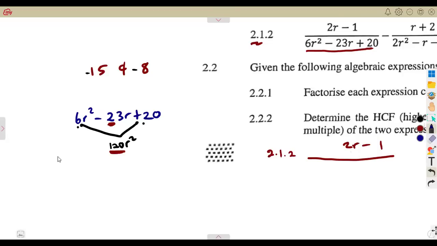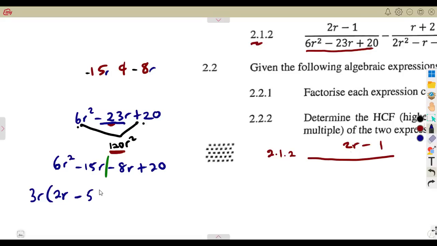Let's factorize. Remember, I said you are going to take these into the middle term as they are: 6r squared minus 15r minus 8r plus 20. 3r is common in the first two terms, so we factor out 3r. 6 and 3 gives 2r, minus 15 and 3 gives minus 5. Then for minus 8 and 20, consider minus 4 as the highest common factor so that you obtain the same bracket.